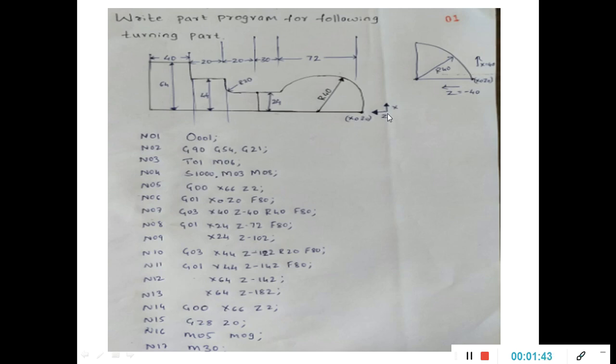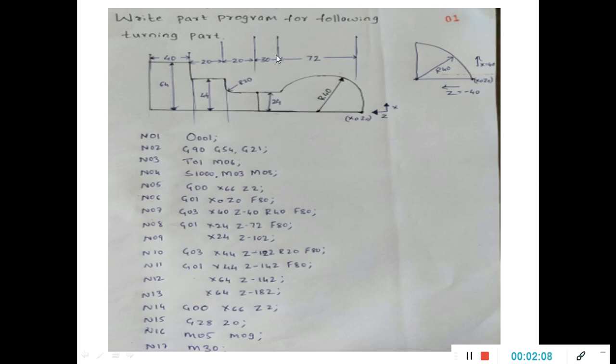I have shown here that z is in this direction, x is in this direction. The x value is always in this direction, so 24, 44, 64, these are the x values. Then for z values, from here it is z0. Up to here it is radius 40, meaning r minus 40.